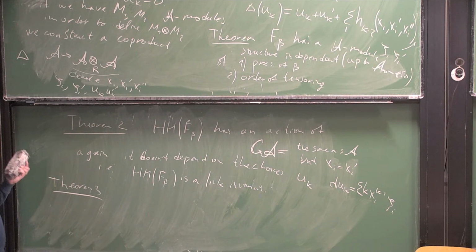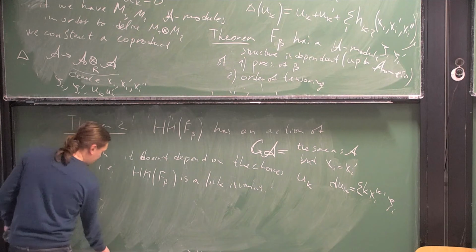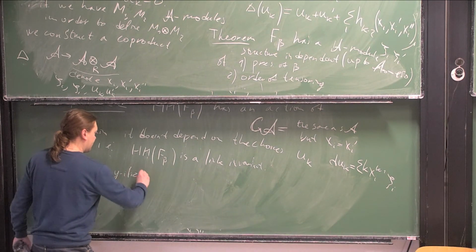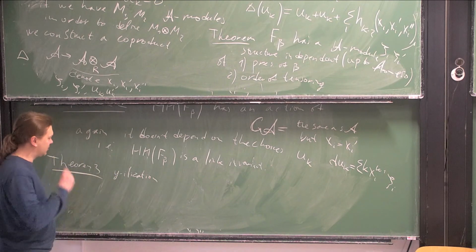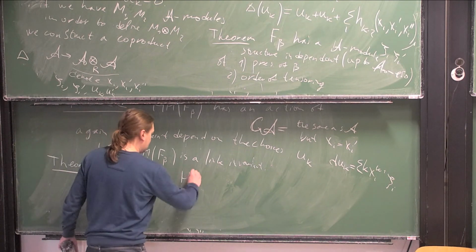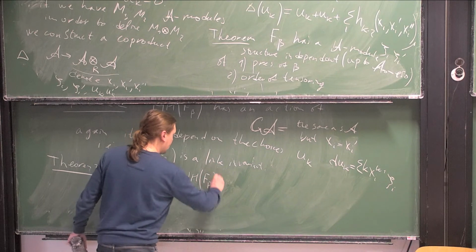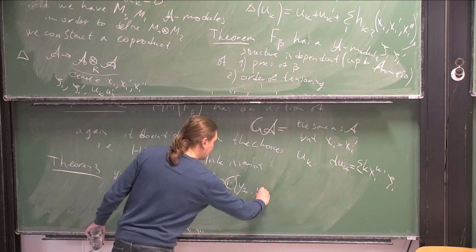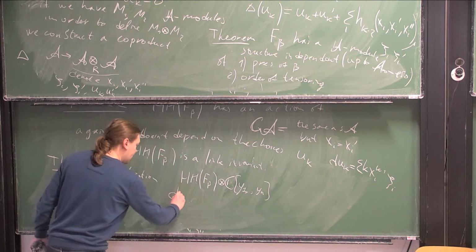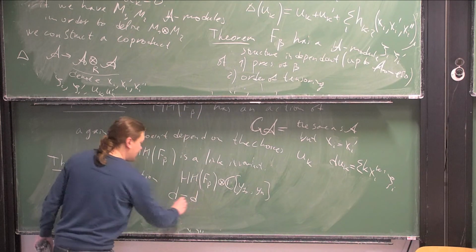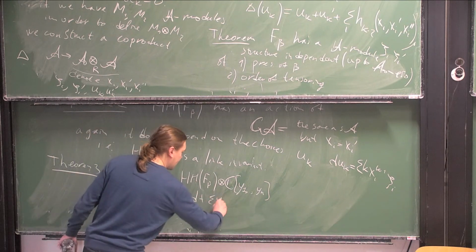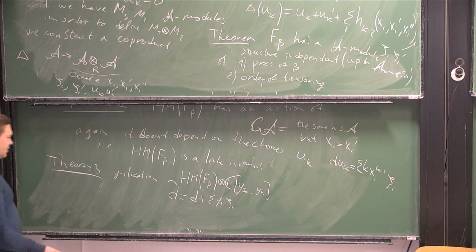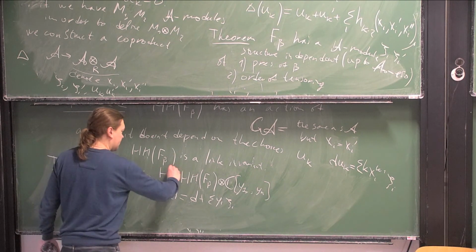But there is this procedure of deformation. It basically goes by taking HH of beta, tensoring with some polynomial ring in extra variables, and you take the differential plus some yi. Then you take the homology here.